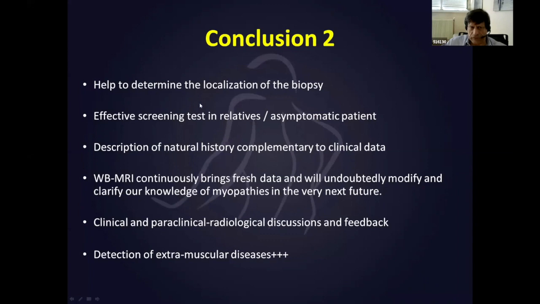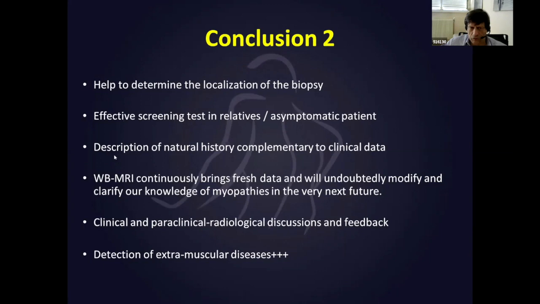It permits to determine the localization of the biopsy, when it is useful, and to perform effective screening tests in relatives. Sometimes it's also very useful, and it is not an invasive tool, so it's easy to perform, even in asymptomatic patients.